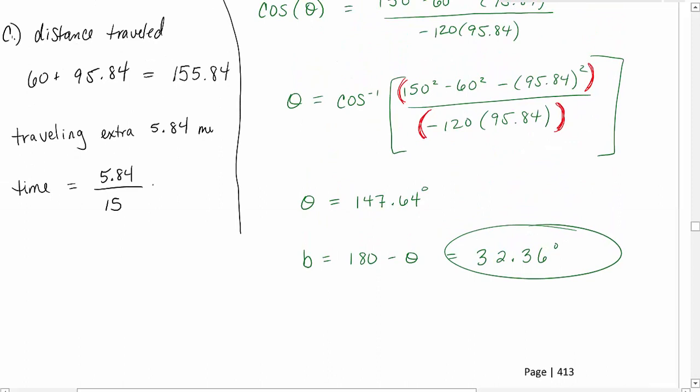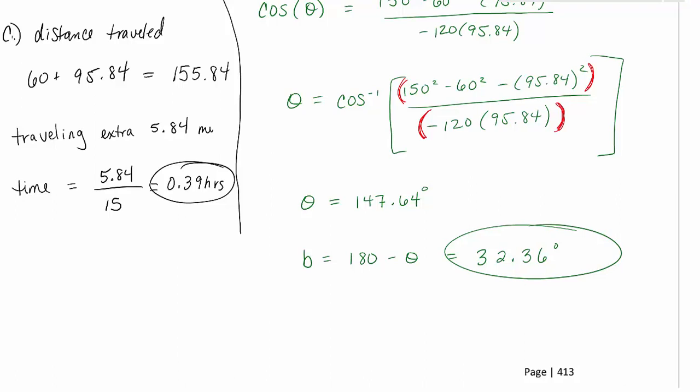So our calculator is going to spit out hours. So this is going to be 0.39 hours. But if we wanted to convert it to minutes, depending on maybe the directions asked you to convert it to minutes, all we would do is multiply by 60, and that would give us 23.4 minutes.